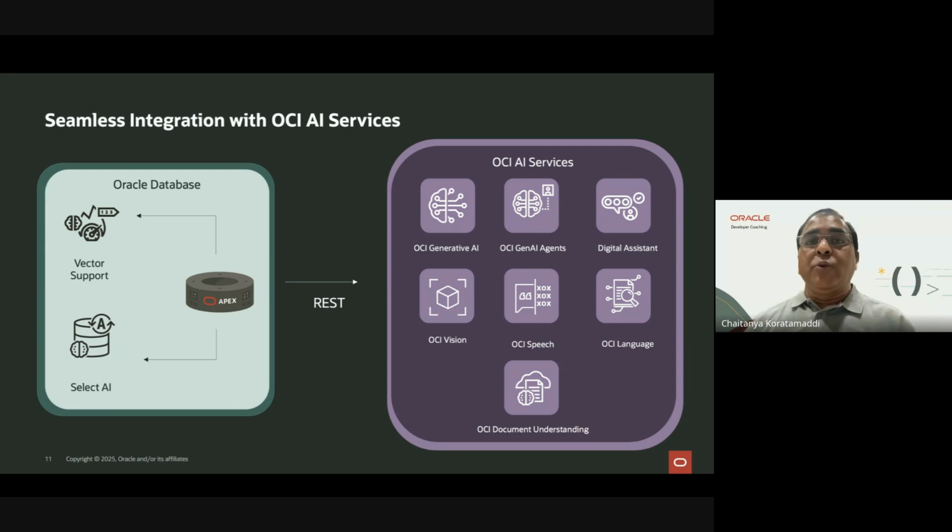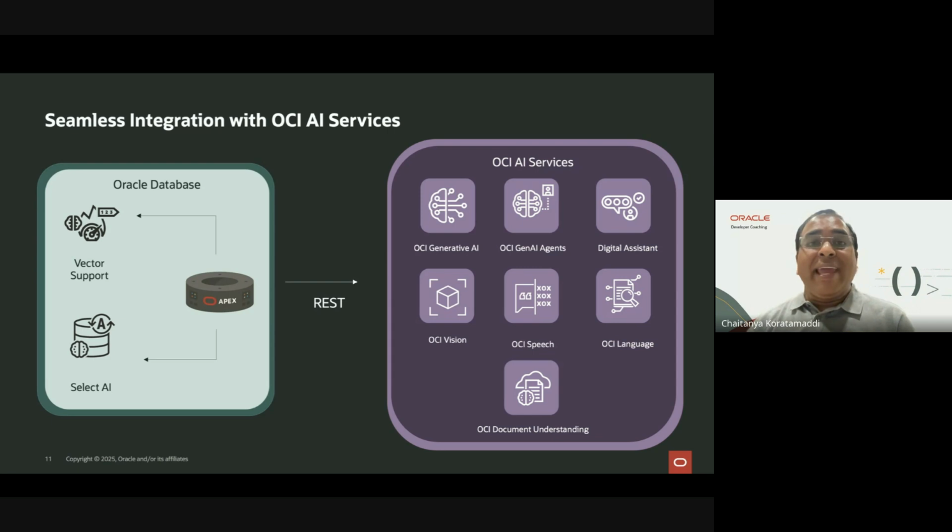You build an Apex application and integrate it with OCI Vision. Then we have OCI Speech, which helps you transcribe your speech, right? OCI Language, OCI Document Understanding. All these AI services available on Oracle Cloud can be easily and seamlessly integrated with Oracle Apex using REST APIs.